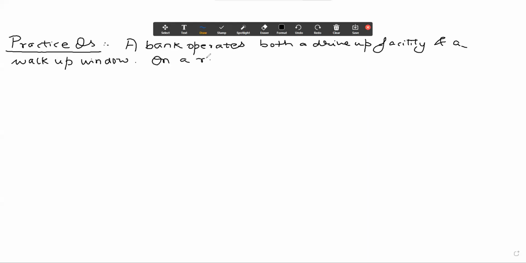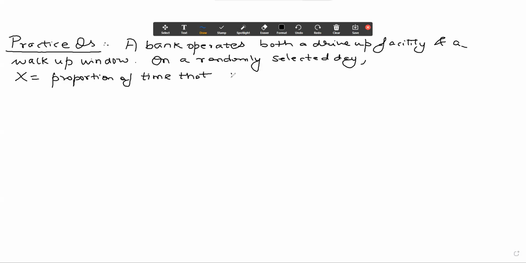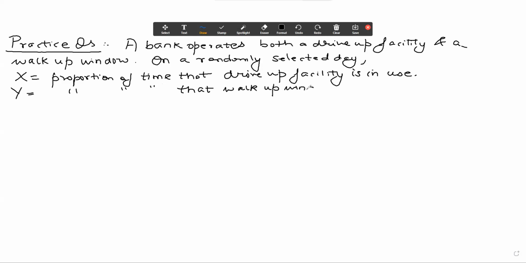On a randomly selected day, x denotes the proportion of time that the drive-up facility is in use, and y denotes the proportion of the time that the walk-up window is in use.